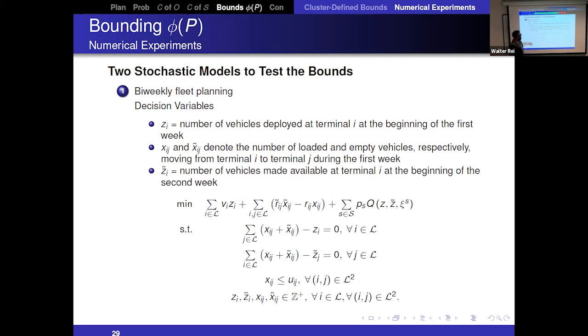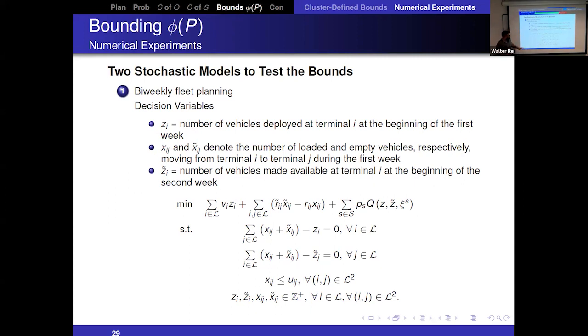And then you decide the number of loaded and empty vehicles that are distributed throughout the locations. So Xij and X tilde ij, these denote the number of loaded and empty vehicles that will be traveling between I and J. Okay. And Z tilde I, this is the number of vehicles made available at terminal I at the beginning of the second week. So for the second week of planning.